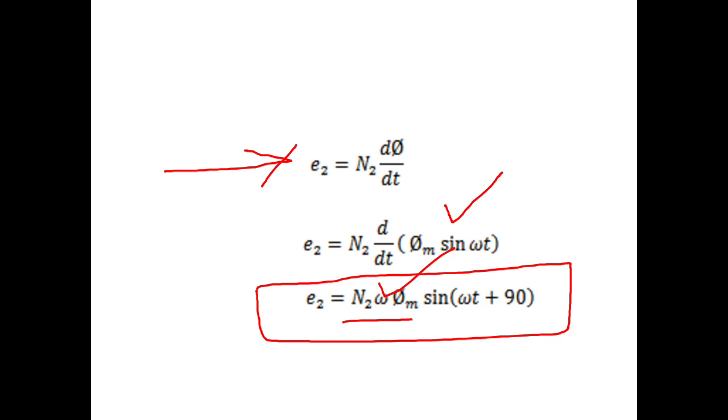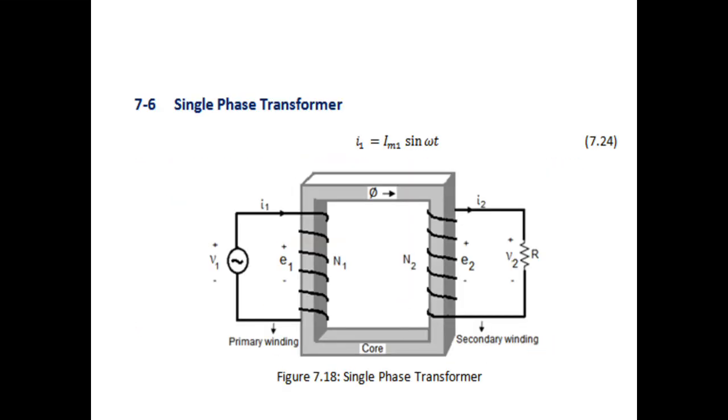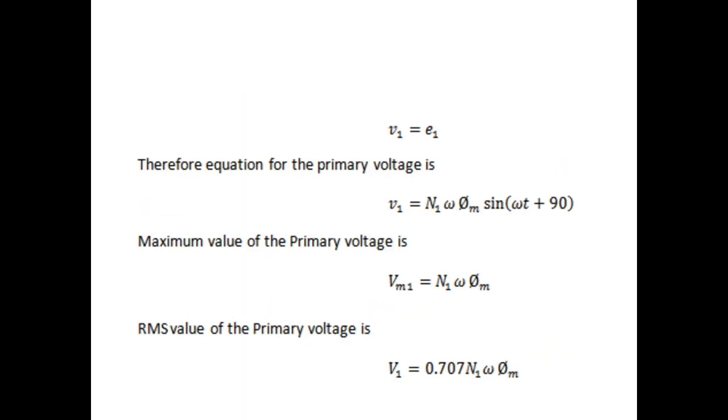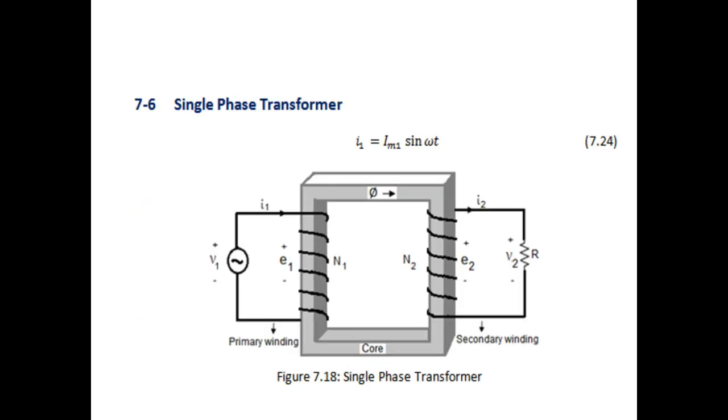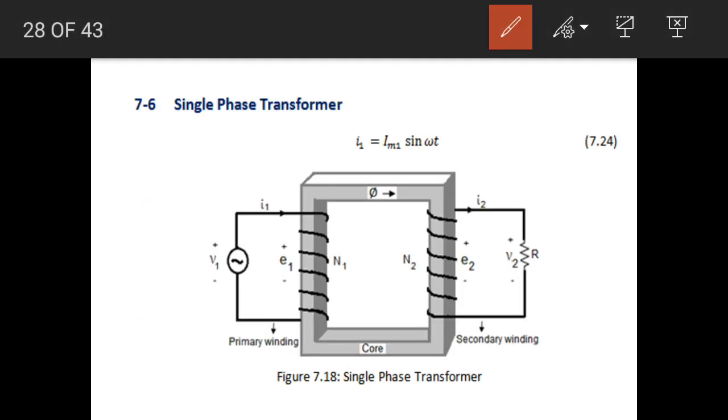Now we apply KVL to the secondary loop of this particular transformer. If we apply KVL to this secondary loop, E2 will be equal to V2.